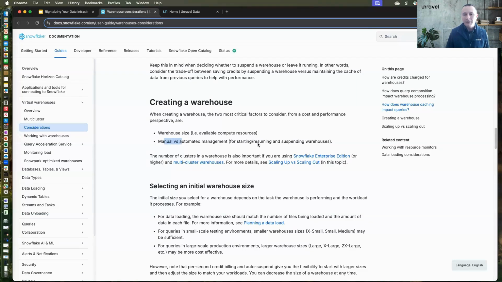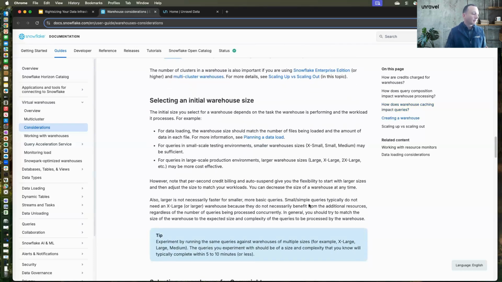Are you doing that manually, or maybe via some sort of automation as well? And then you've got to consider the number of clusters in your warehouse. That's an important factor as well. I'm going through all this to illustrate a point, because at the end of the day, you still have to select your initial warehouse size after considering all those things that we just listed and scrolled down from.